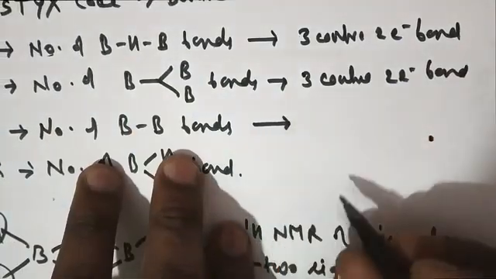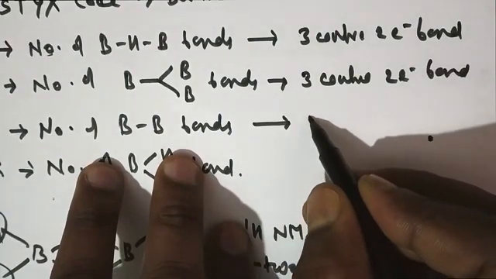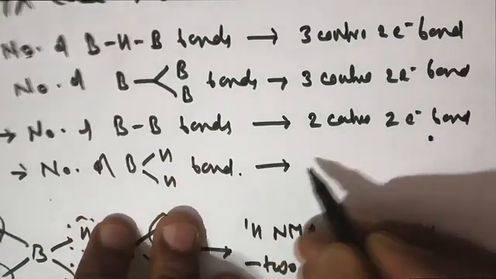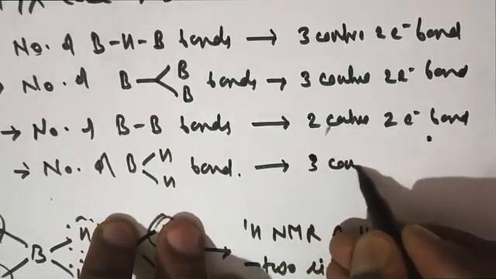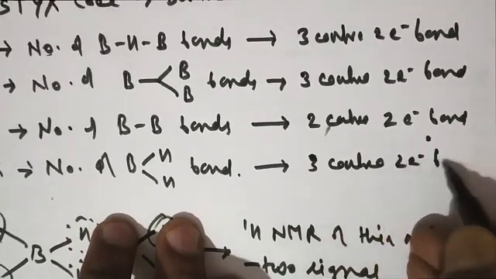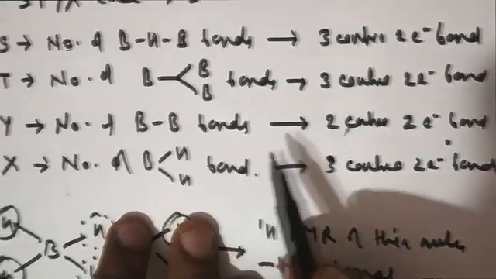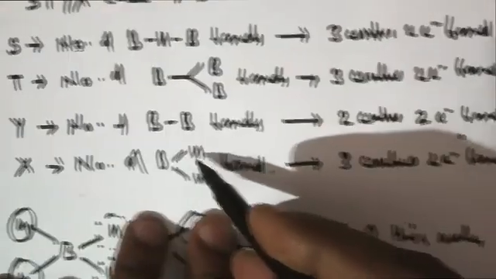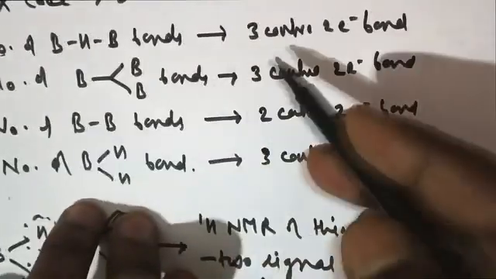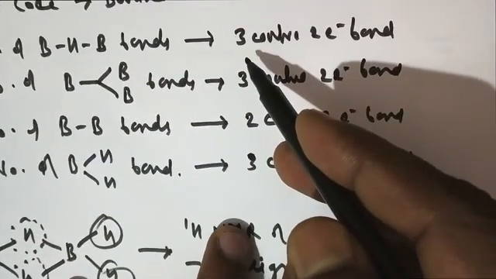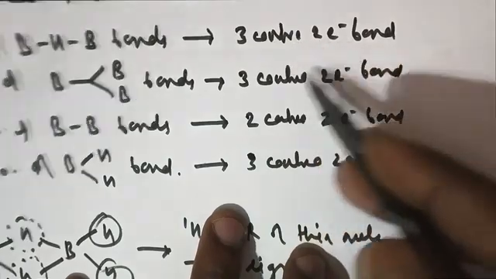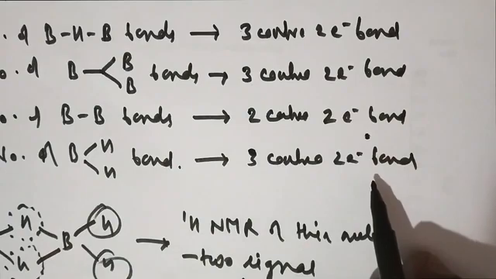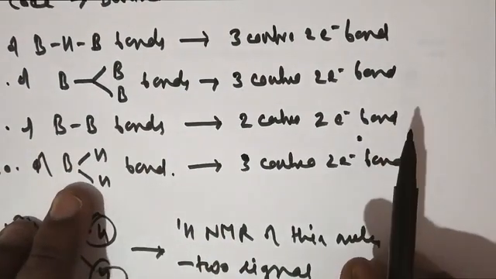And if you are asking about the BB bond, it will be a 2-center 2-electron bond, whereas the BH2 bond will be a 2-center 2-electron bond. So here you can easily understand that the STYX code gives the different types of bonds present in the borane molecule, which are also named 2-center 2-electron bond or 3-center 2-electron bond, depending on the nature of the bond.